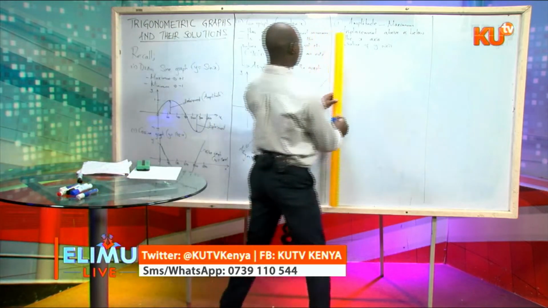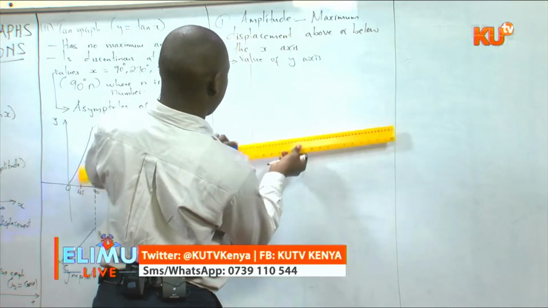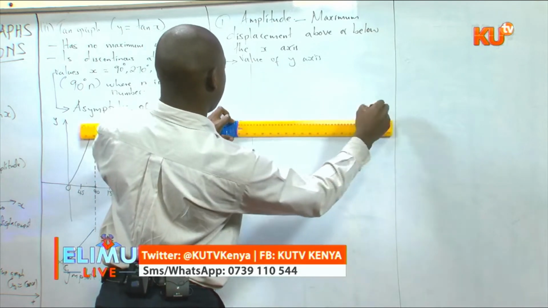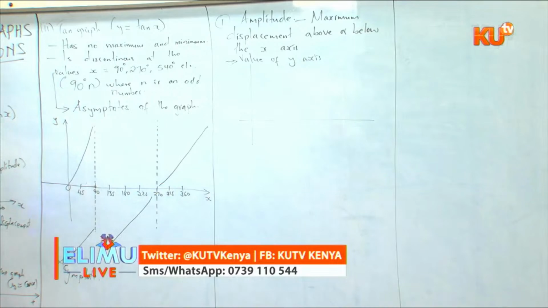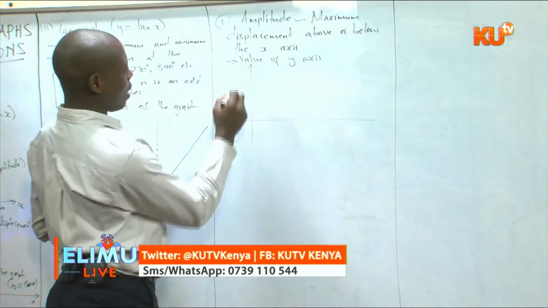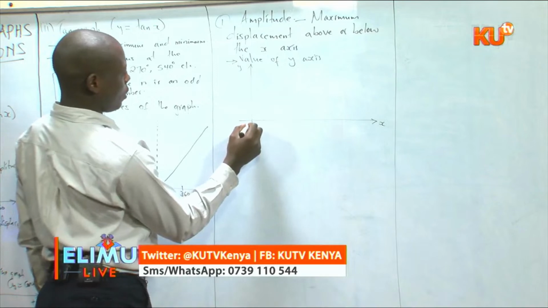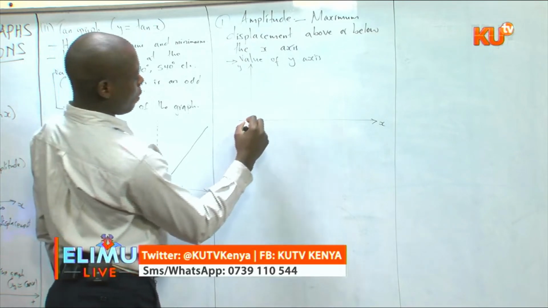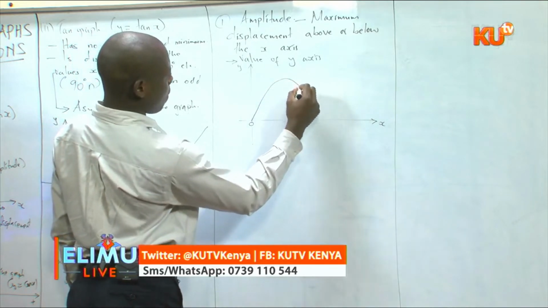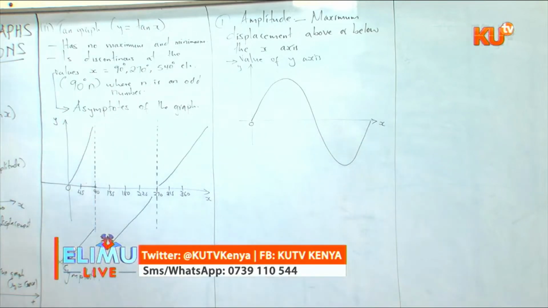If we draw a sketch of a wave, this is what will happen. Ensure that your lines are very straight. So we have this as the y-axis, and this is the x-axis. We have the point O. So if I draw a graph, for example, y equals sine x, this is how it will appear. That is the graph.